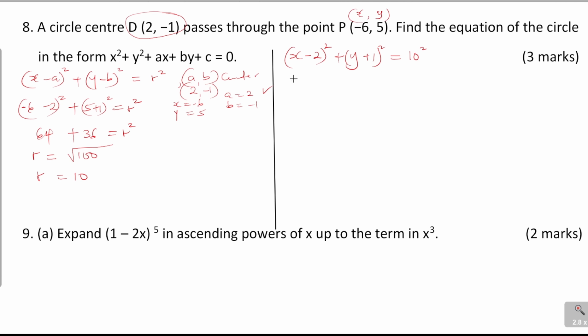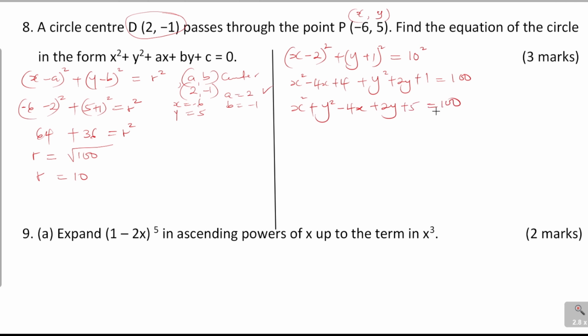Expand this, you get x squared minus 4x plus 4. Then expand y plus 1, you get y squared plus 2y plus 1 is equal to 100. We want to write it in this form. So x squared plus y squared, then minus 4x plus 2y, and then the constant is 4 plus 1, that is 5, is equal to 100.